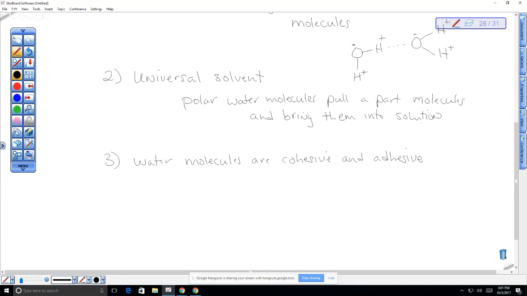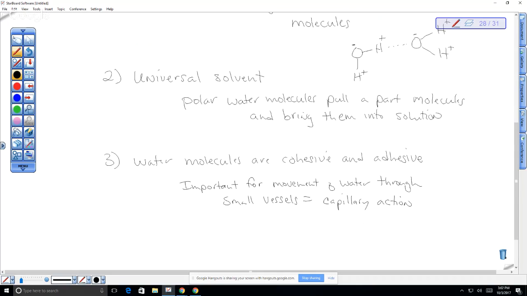So when water is moving through very small vessels called capillaries, they're actually kind of adhering to the capillaries, or maybe even in the veins, they're adhering to the sides, and one molecule to another, and it just kind of pulls it. So this is really important for the movement of water through very small vessels. And this is called capillary action.